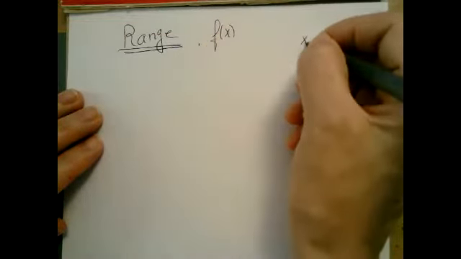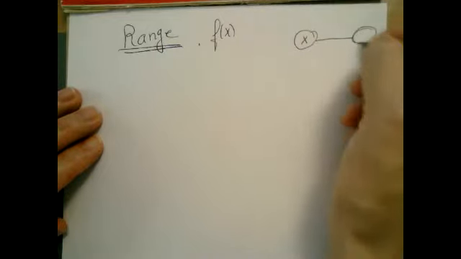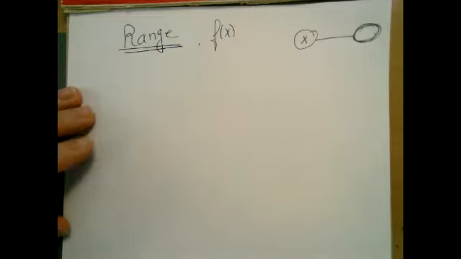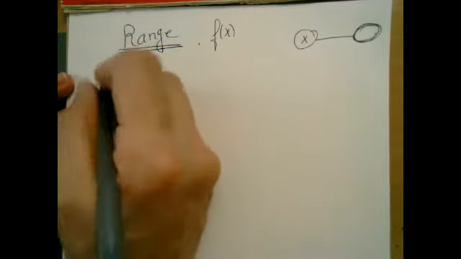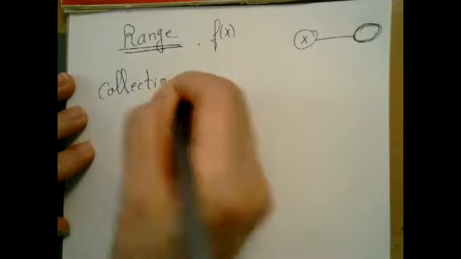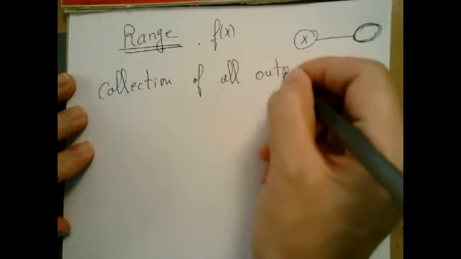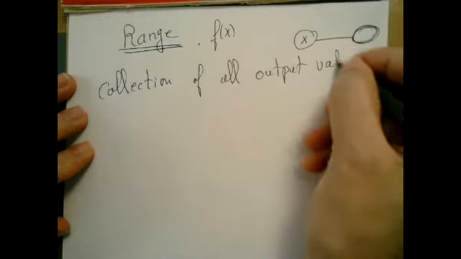It means this function takes an object, we call it an input, and associates to it another object, we call it the output. And the range is the collection of all the output values.